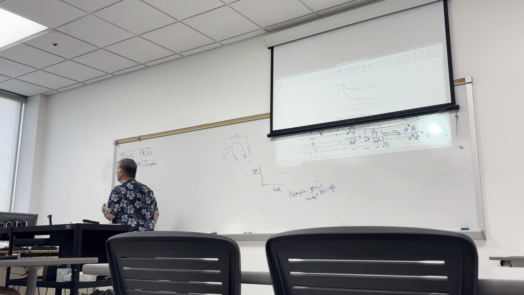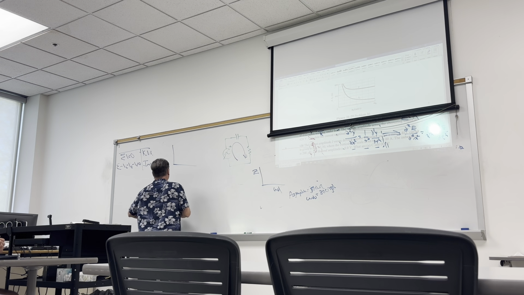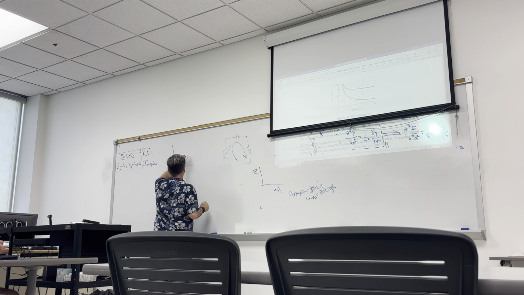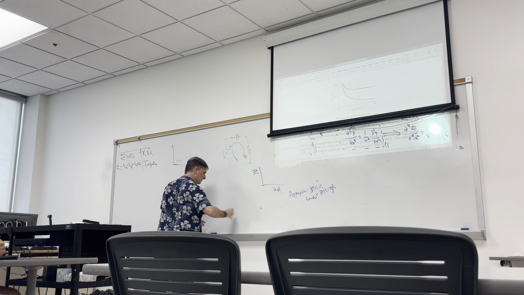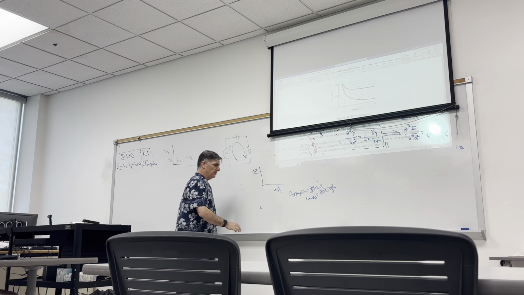So wait a minute, we've got to draw our phasor drawing, right? Our phasor drawing says this is VR, and I is in phase with that. This is VL, and di by dt is in phase with that. Because of all these definitions I'm about to put up there in a second.